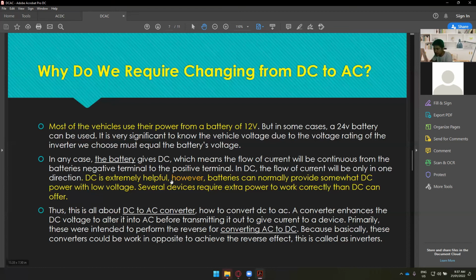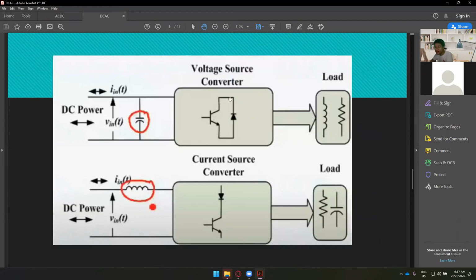So that is more of the concept of why we need this DC to AC conversion. We have two types of converter: the voltage source converter and the current source converter.